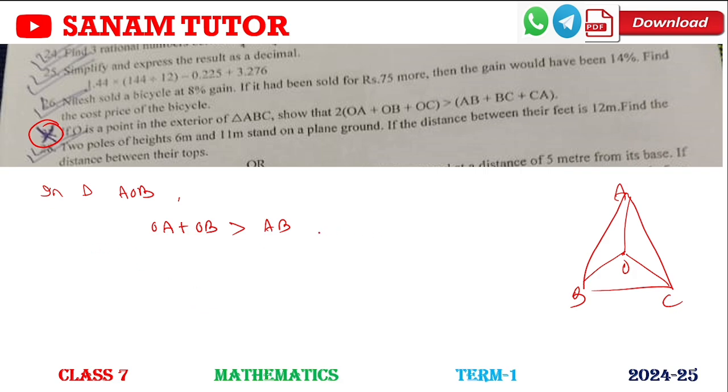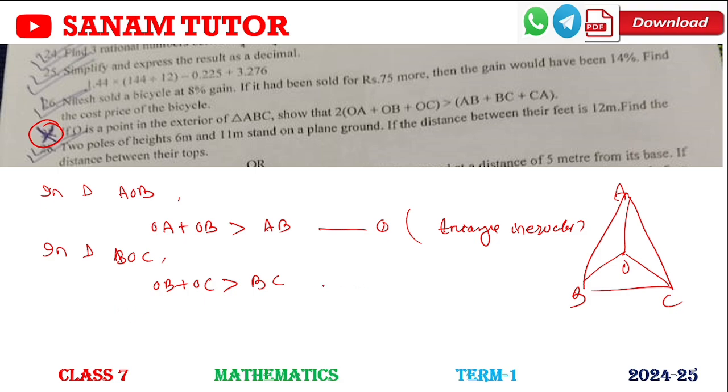So similarly here, suppose this is equation 1, the triangle inequality, okay. Similarly we can write, in triangle BOC, OB plus OC greater than BC, this is equation 2.